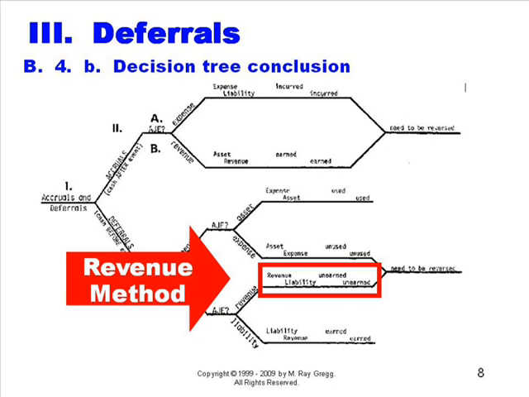If you follow the deferral path and follow it through the journal entry that you're attempting to make for deferred revenue under the revenue method, you'll see that the decision tree says this very thing. Debit revenue, credit liability for the unearned amount. Debit revenue, credit liability for the unearned amount is the generic way for saying what we said in the specific example that we were working.